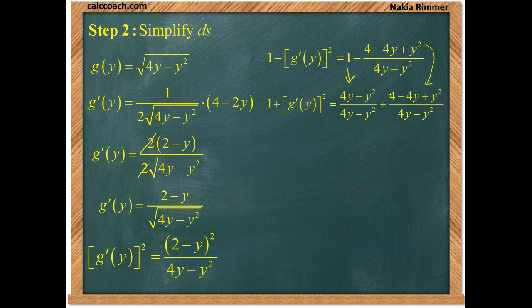We have a 4y and a minus 4y. We have a negative y squared and a plus y squared. All that's gone, and we're left just with 4 all over 4y minus y squared.